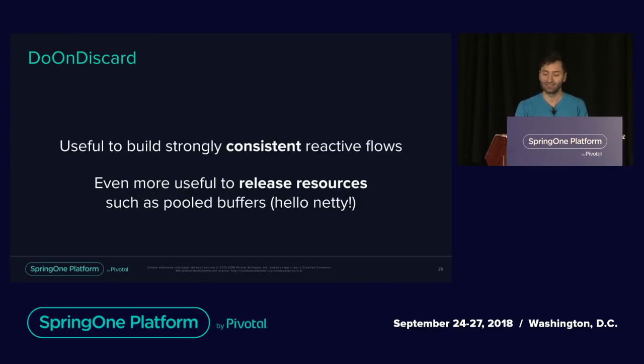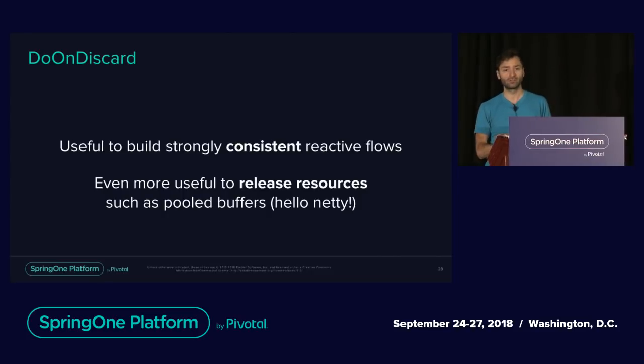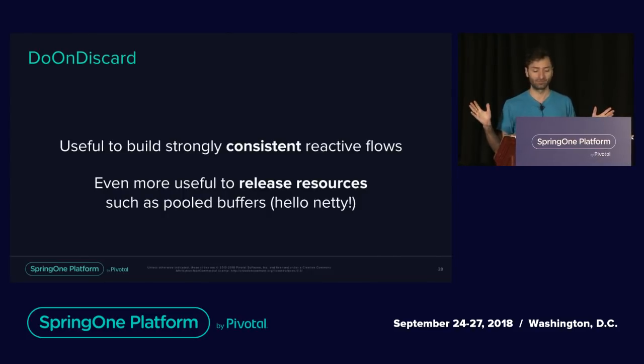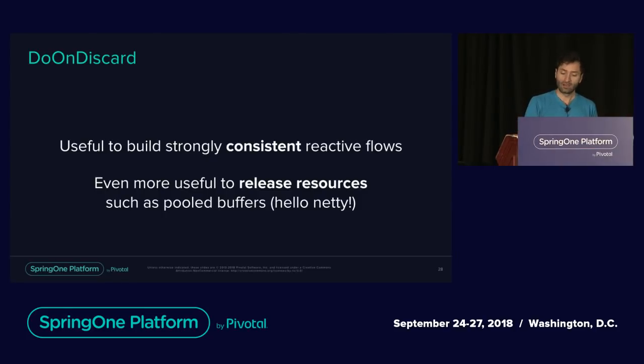So what's a discarded item? It can be something you filter or something that might just disappear from the flow because it has been canceled or there was an error. It's really useful. In general, if you start building pipelines, specifically pipelines with use of resources, it's very, very useful.